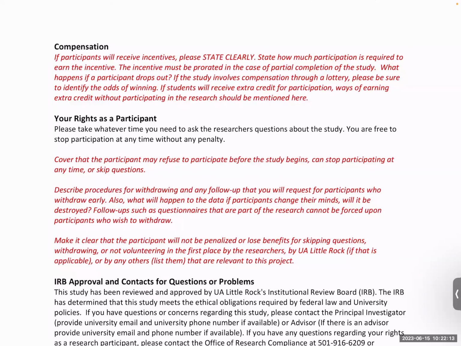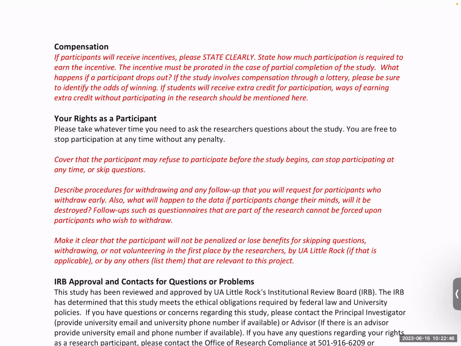Compensation is a way to thank or reimburse participants for the time and effort they have expended in participating in the research. Compensation can be financial, particularly if there is travel or parking involved in getting to the research site, or the participants will have had to take time off work, and so on. It can also include such things as lunch for participants, a lottery for prizes, and so on.